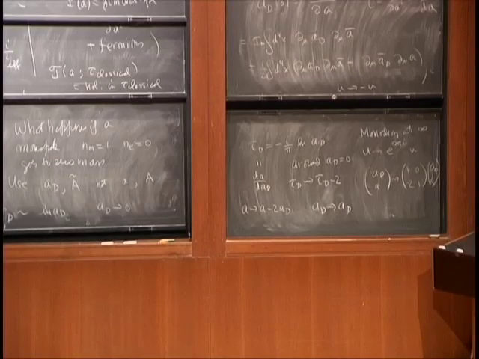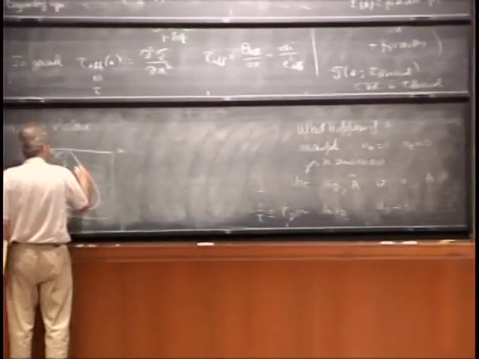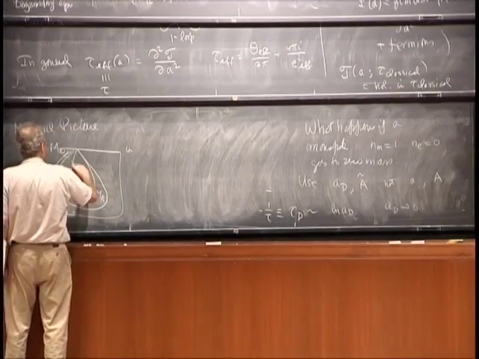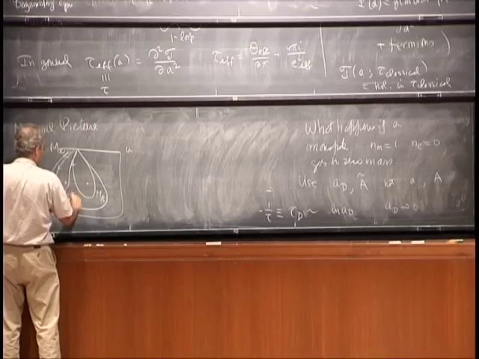So now we have a monodromy at infinity. Let's draw a less cluttered version of the picture. Here's a loop at infinity. And this is a loop around lambda squared. And here's a loop around minus lambda squared.